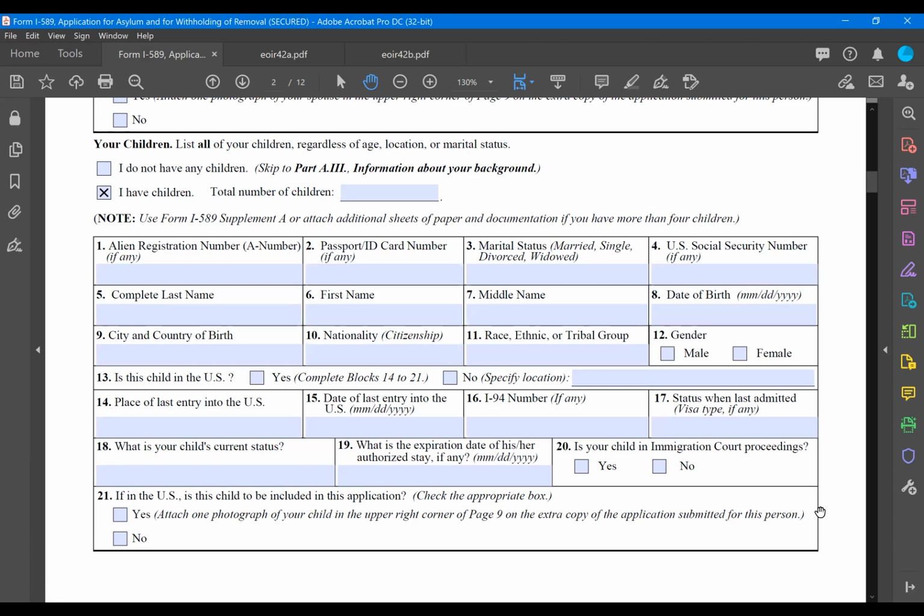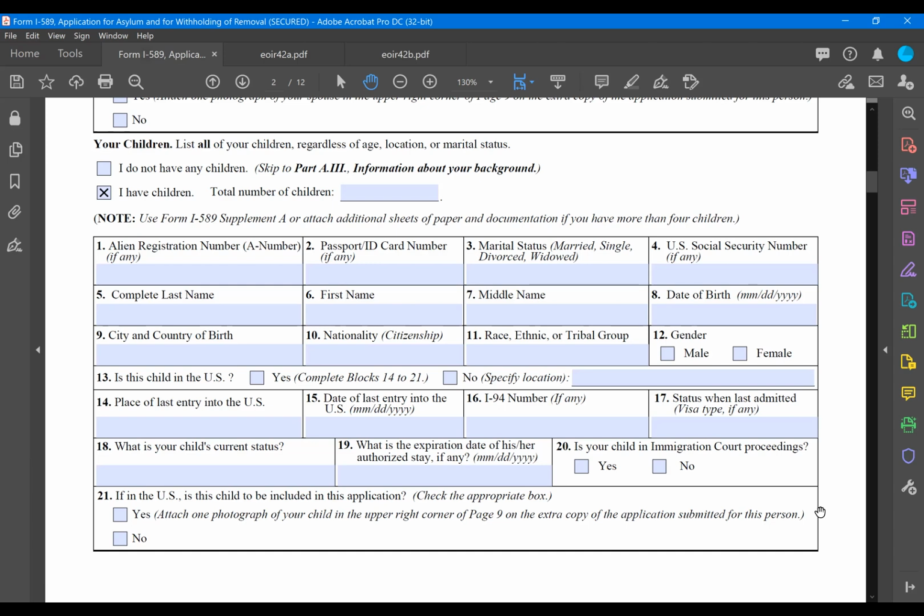They may have a claim of their own, and they may even have a better claim than this person. So when people have individual claims for persecution, we typically do separate applications for each of them, but also include each of them in case one person is a little luckier than the other and is able to prove their case better than the other person.